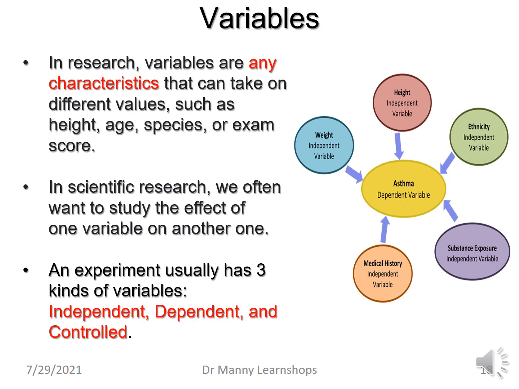Again, let's look at variables. Variables in research are any characteristic that can take on different values such as height, age, species, or exam scores. In scientific research, we often want to study the effect of one variable against another, which we mentioned previously, independent and dependent. An experiment usually, however, has three kinds of variables: the independent, dependent, and the controlled.